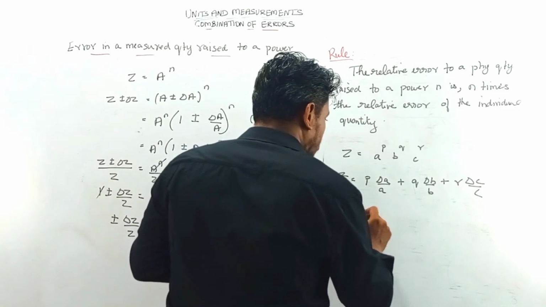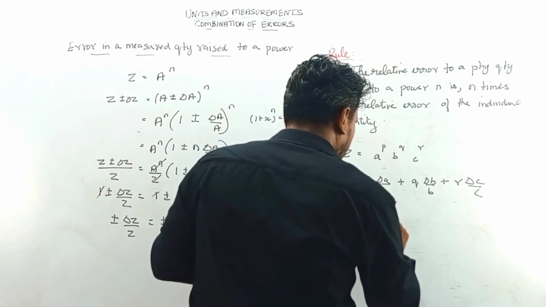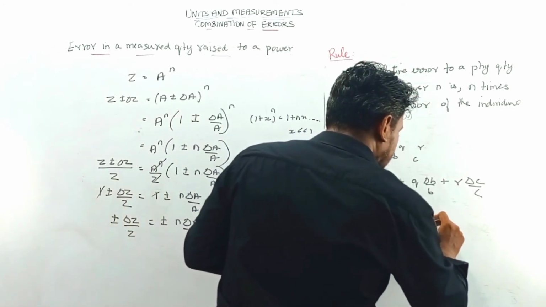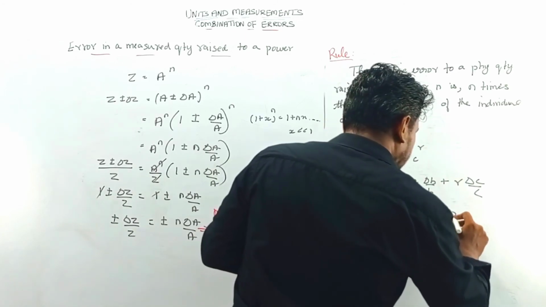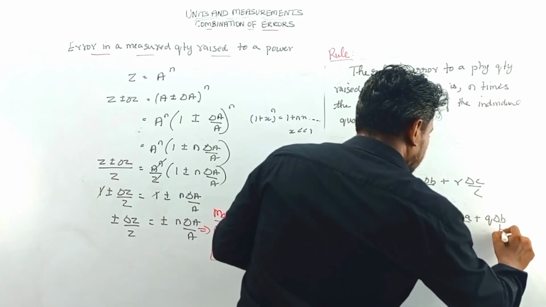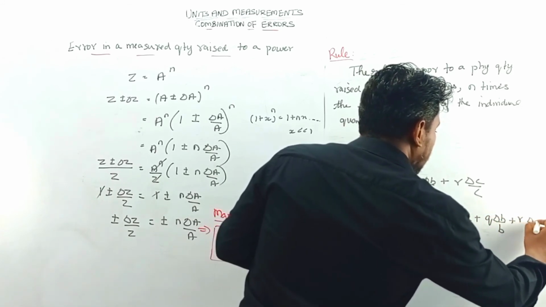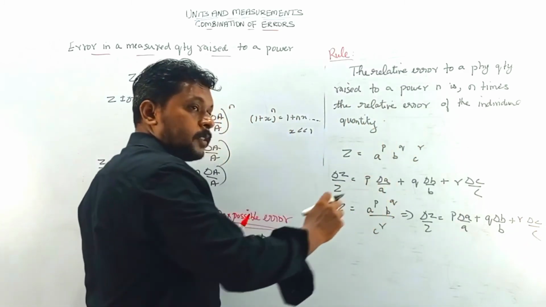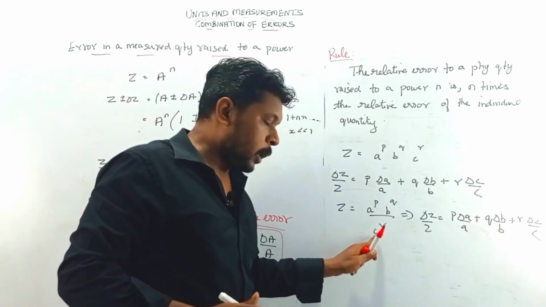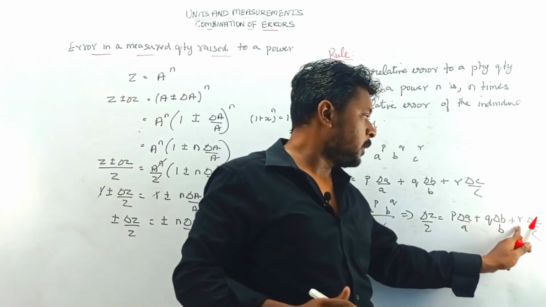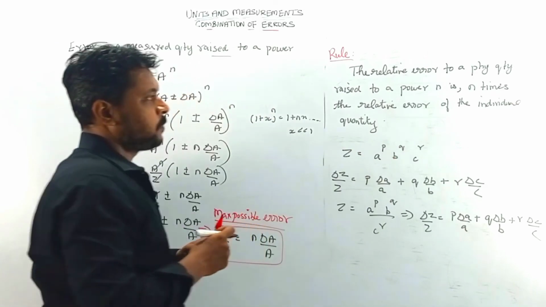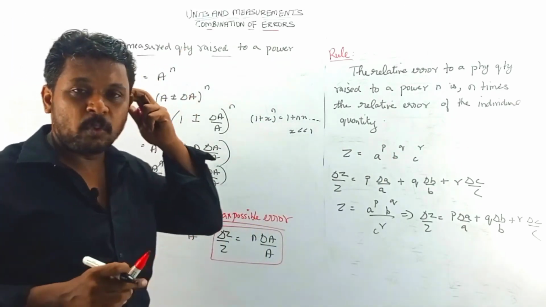Similarly, if I have z is equal to a power p, b power q by c power r, here I represent delta z by z is equal to p into delta a by a plus q into delta b by b plus r into delta c by c. I am not writing it as minus. Whether it is in the numerator or denominator, we should not represent it with minus, it should be plus. This is the way of representing the relative error for a number raised to a power.